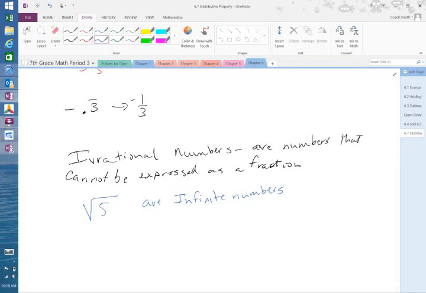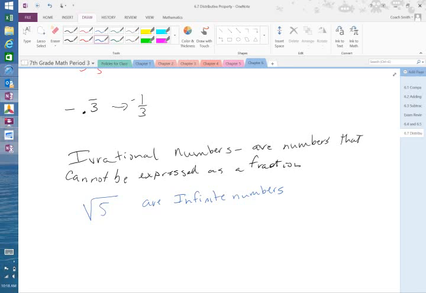Most mathematicians or scientists that you see will call these infinite numbers. Most of us normal humans would pronounce it infinite, but they do say infinite numbers. An infinite number means it just continues on and it never stops.